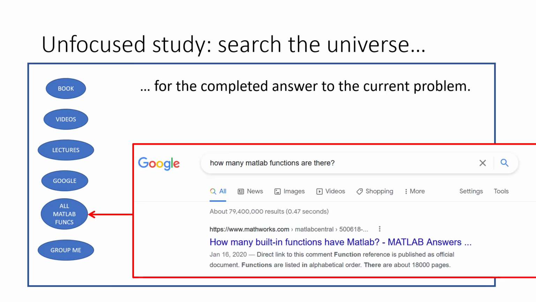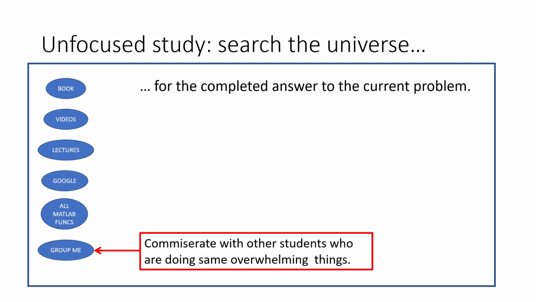If I look at all of the MATLAB functions that are available, my gosh, that is also overwhelming. I'm looking at 18,000 possible functions. Again, overwhelming. And if I focus on the group, I'm relying on other people who don't really know what to do either. Commiserating with them is all I can do.